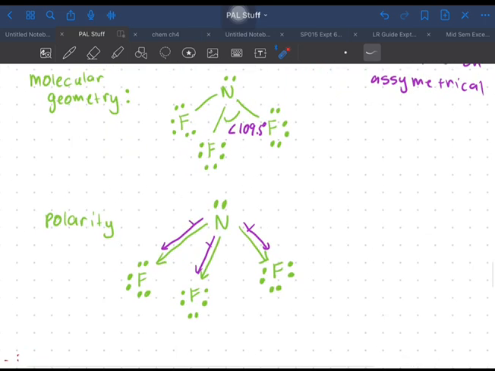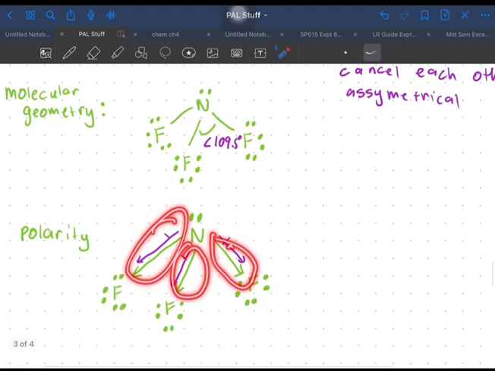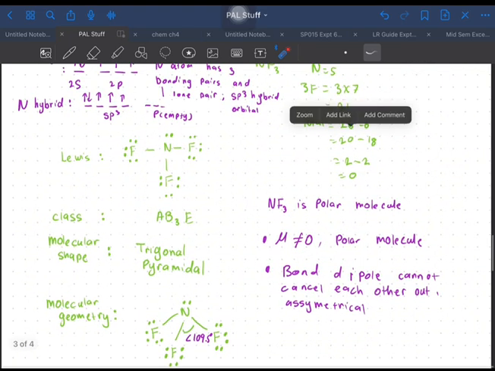To draw the electrons going from nitrogen to fluorine, we draw it like this. This line indicates that it's partially positive, and this one indicates it's partially negative. So we have to draw on all of the bonding pairs. Understand?